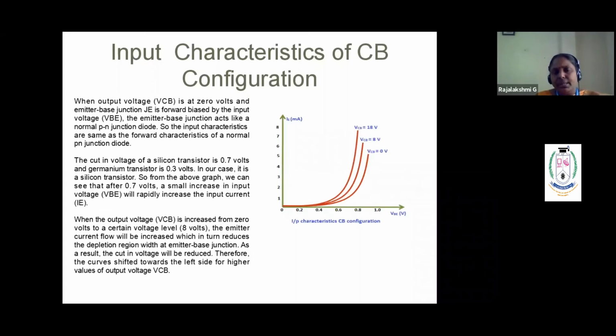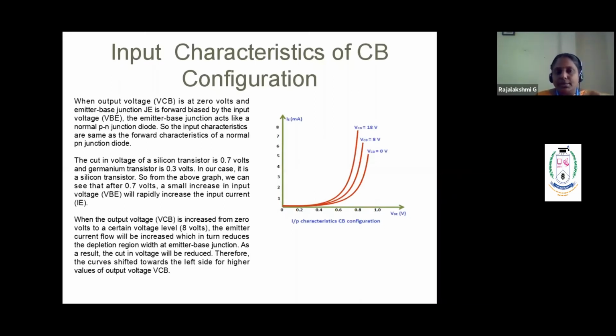If you look into the characteristics, what we can identify is that it resembles the PN junction diode. A forward biased PN junction, how will it behave? When you increase the input voltage, the output current will also increase proportionally after it reaches the barrier voltage.